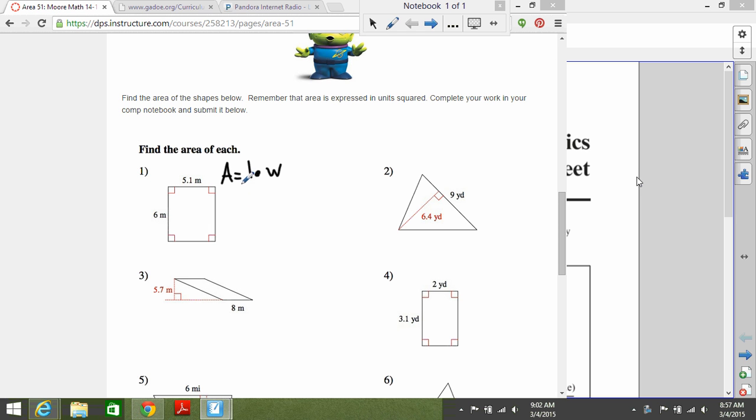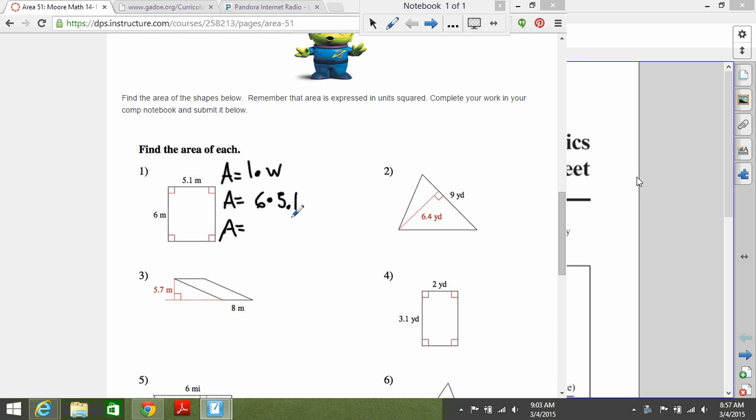The second thing is we plug in. We don't know the area. Do we know how long or how tall the rectangle is? How tall is it? 6. Times how wide? Wide is side to side. How wide is it? 5.1. Okay, so A equals, now we're ready to calculate. 6 times 5.1.